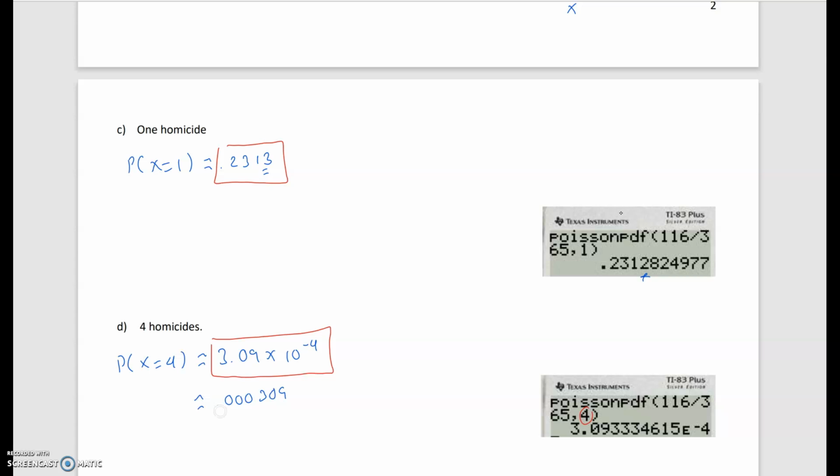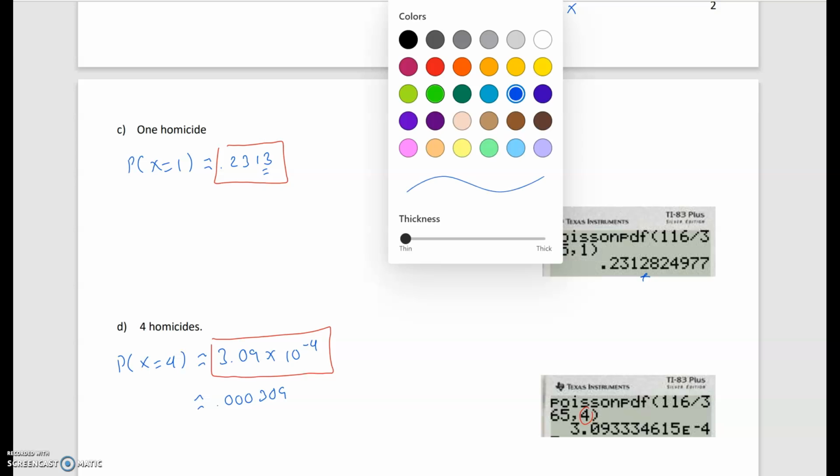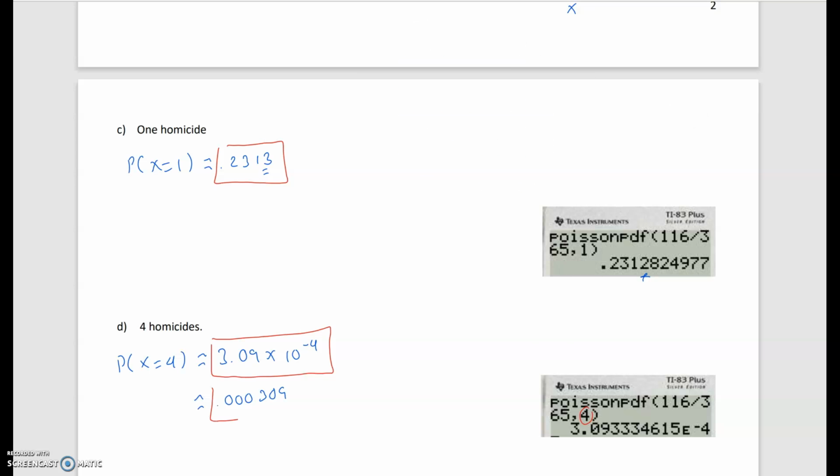So you're counting the spots. So in this case, 1, 2, 3, and 4. That would be the negative 4. Both of those answers are perfectly fine. Sometimes the calculator will give you the answer automatically as a decimal.